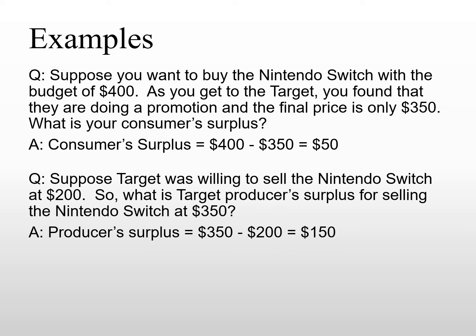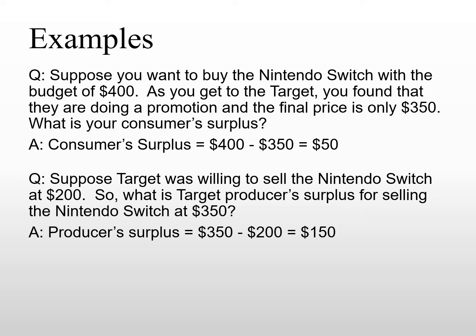Well, in the same transaction, suppose Target is willing to sell the Nintendo Switch at a cost of $200 to cover, and they are actually selling the unit at a price of $350 and you bought it. So this time, Target received $350 from you, and netting the cost of bringing the units to the store, which is $200, Target in this case will earn $150 of profit.